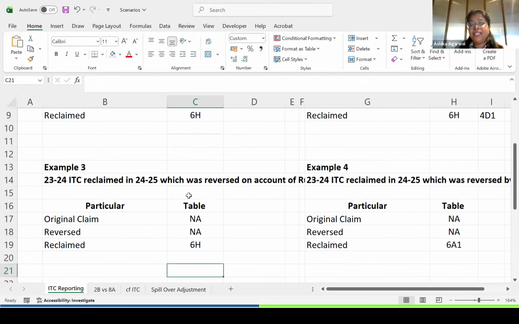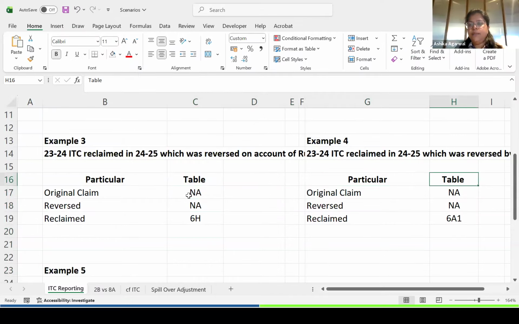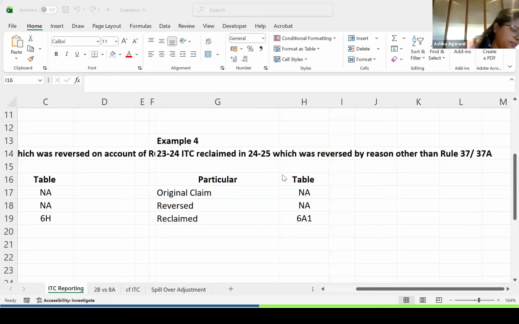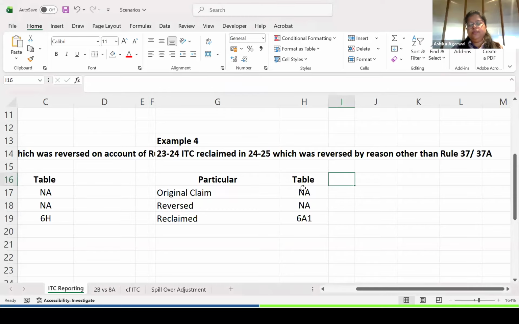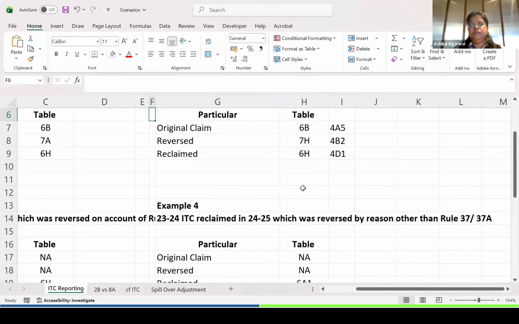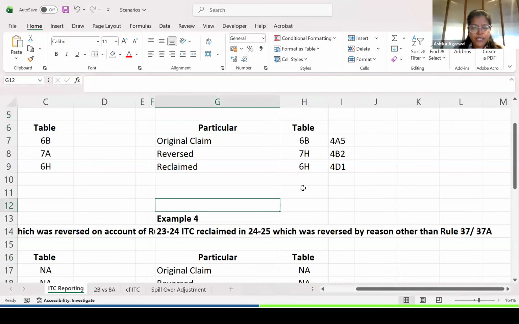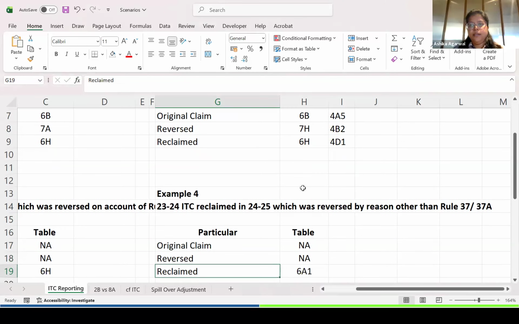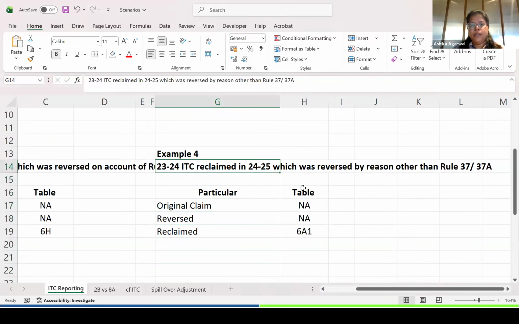Now coming to 23-24 ITC. It may be a situation that 23-24... If anybody has any doubt, they can ask, because it's too many tables and the reporting changes are a little high. Now again over here, they split into two.